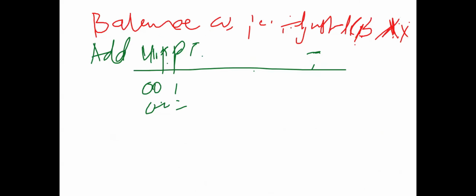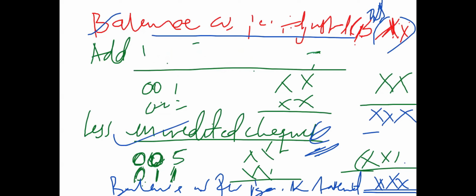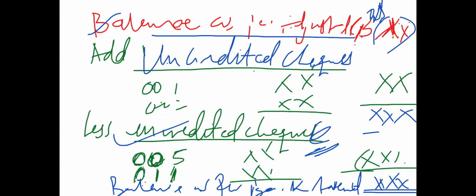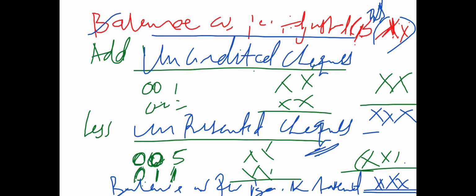Here we shall just add maybe the uncredited checks. So these will be uncredited checks. Then this side we shall only less the unpresented. So if you have this as an overdraft, you can just call it overdraft as per. So that's what you can do if at all.